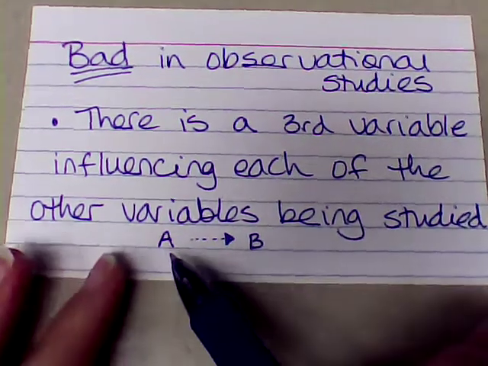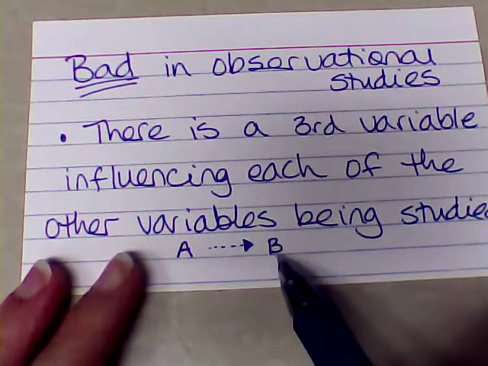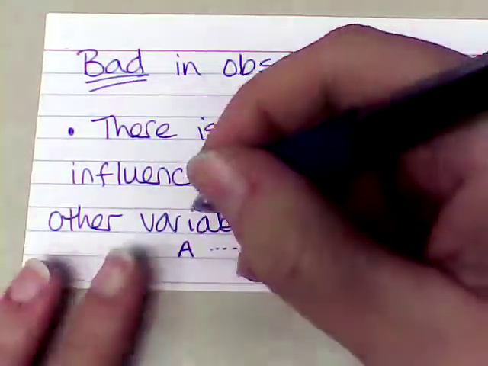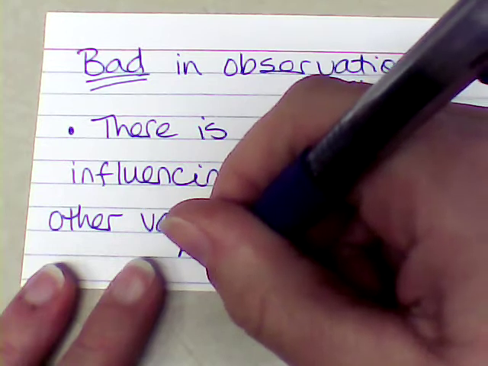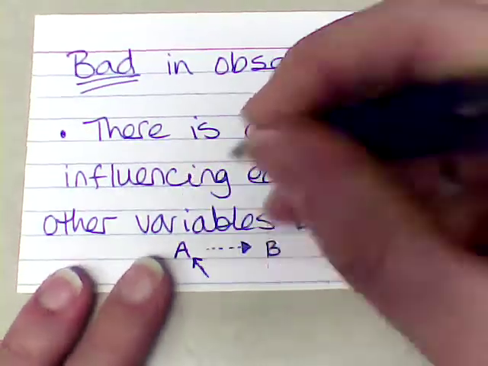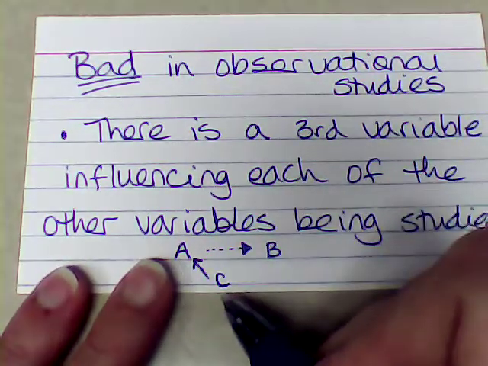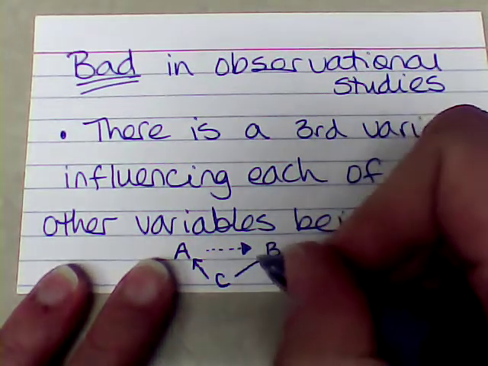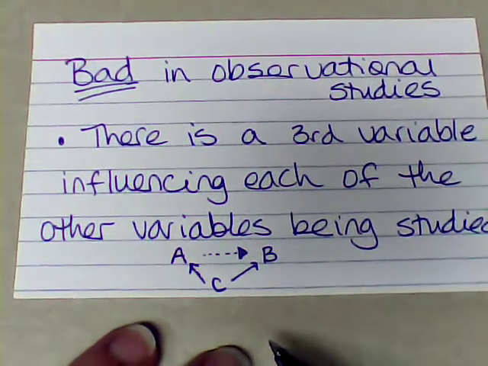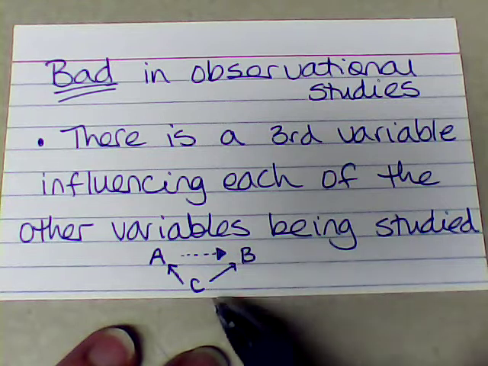So here's my picture. You're hoping to see that A influences B. A has some kind of an association with B. In observational studies, there is an occasional third variable, like variable C. C influences A, and then C also influences B. We weren't testing C. It wasn't part of our thought process at all, but this variable C is influencing both.